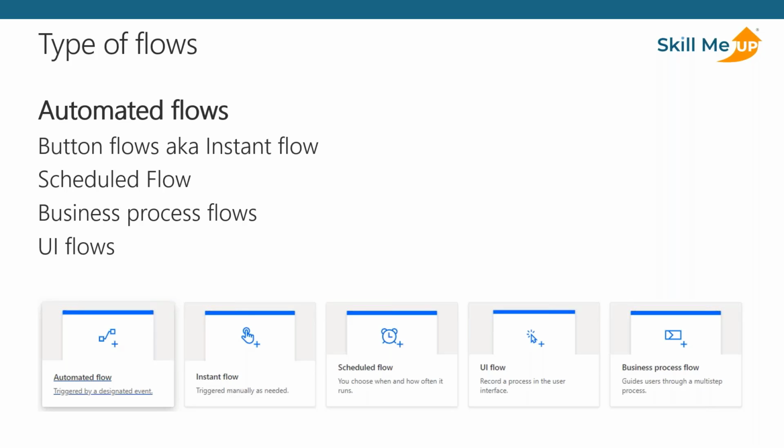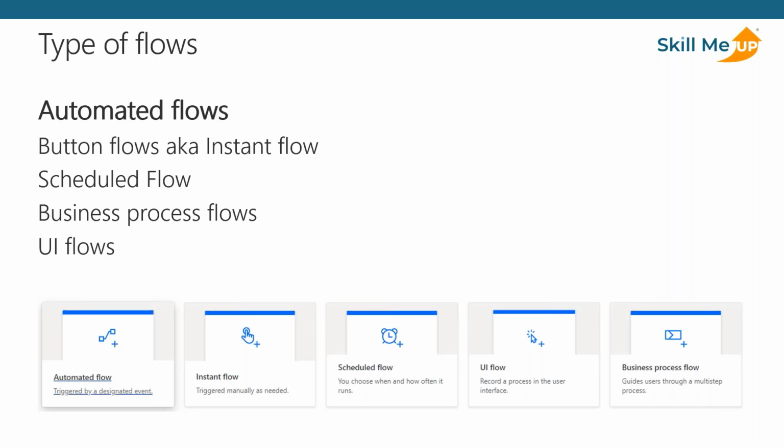Automated flow: create a flow that performs one or more tasks automatically after it's triggered by an event. Button flow: run repetitive tasks from any place and any time via your mobile device.